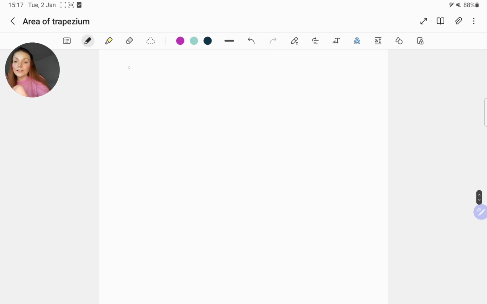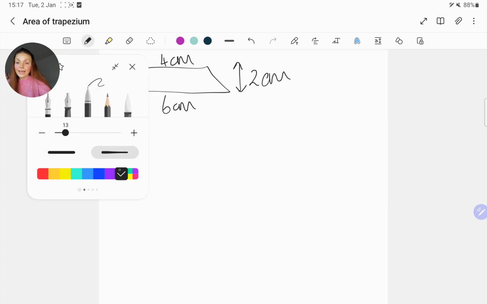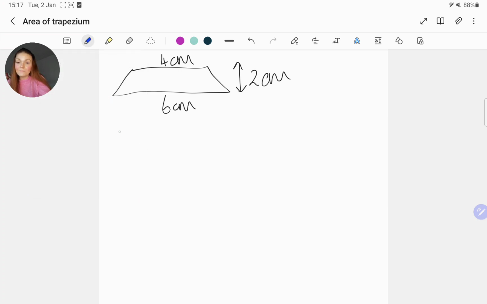Let's do another one. This time we'll say this is 6 centimetres, 4 centimetres, and 2 centimetres. They'll say, find the area of this trapezium, or they might just say, find the area of the shape below. Area equals half of A plus B times H, where A and B are your two parallel sides and H is your perpendicular.